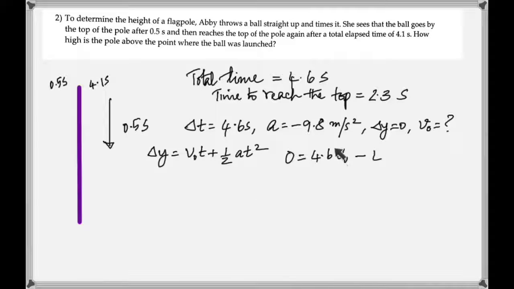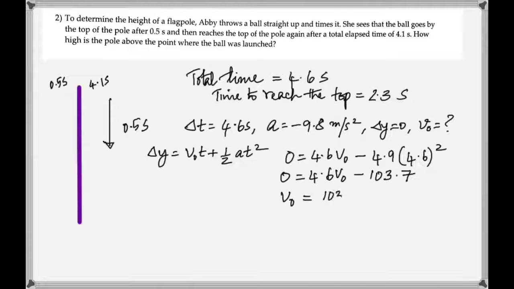And we do not know v0, that's what we're trying to find. t is 4.6, and then you're going to go plus half times negative 9.8. Half times negative 9.8 becomes negative 4.9. So you have negative 4.9 times 4.6 squared. So when you put the numbers and calculate, you're going to get the velocity as 22.5 meters per second.